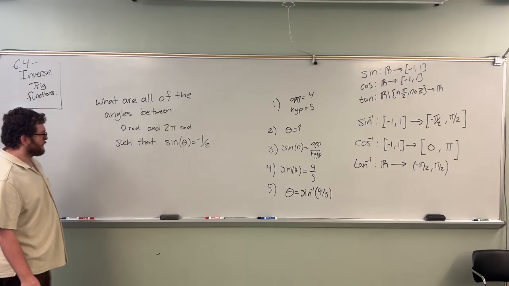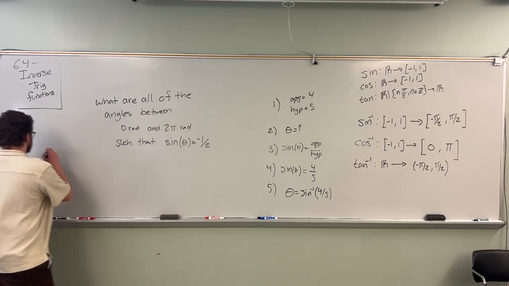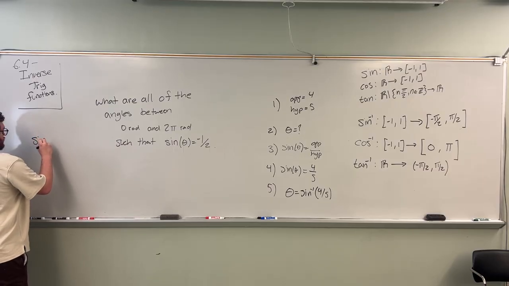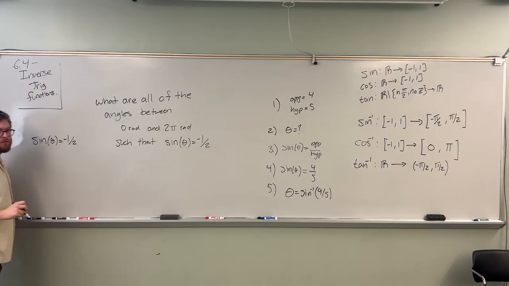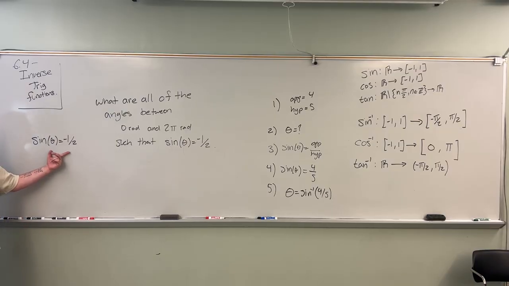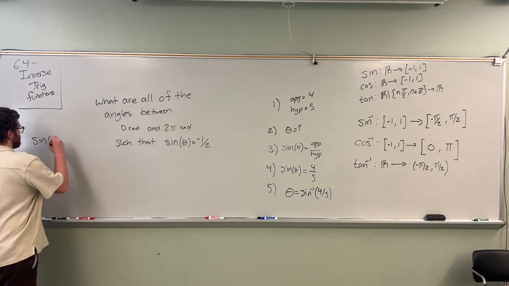Cool. Well, I'm given sine theta equals -1/2. I'm asked to solve for theta, what would I do to both sides to get theta alone? Inverse sine. I just want to undo this sine right here.